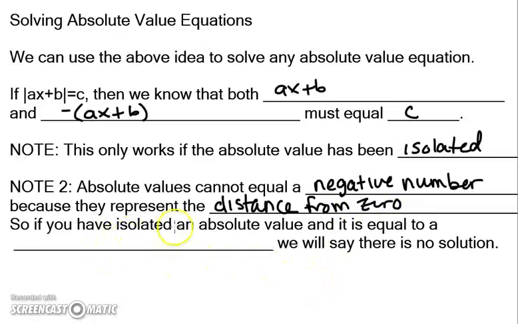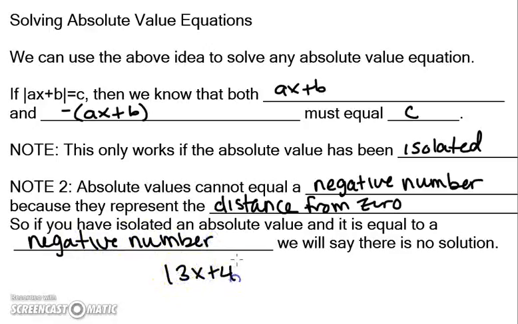If we've isolated our absolute value and it's set equal to a negative number, we don't have to do any more work. We're just going to say that there's no solution. So if you had something like the absolute value of 3x plus 4 equals negative 2, we're going to stop, because there's nothing that's going to make 3x plus 4 negative 2 away from 0 on a number line. We can't ever be negative 2 away from 0. Now remember, this is only going to work if we have already isolated our absolute value.